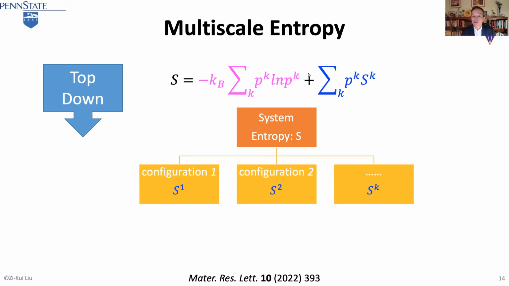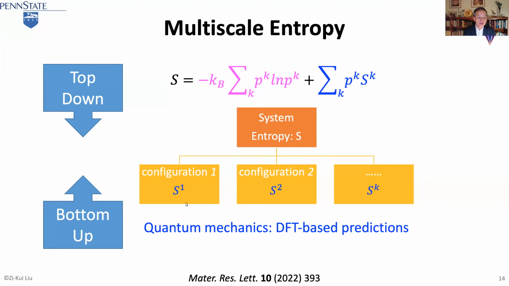Okay, so now you see it is different, right? This is from the Gibbs statistical mechanics, and now we have to add additional entropy from each of the configurations. We can calculate those from density functional theory, as I showed before.